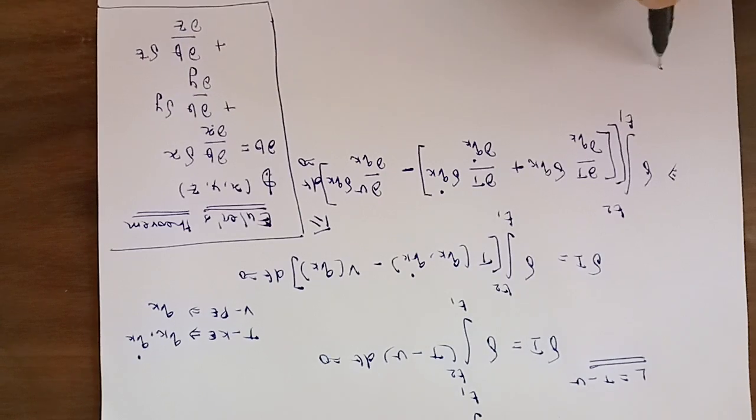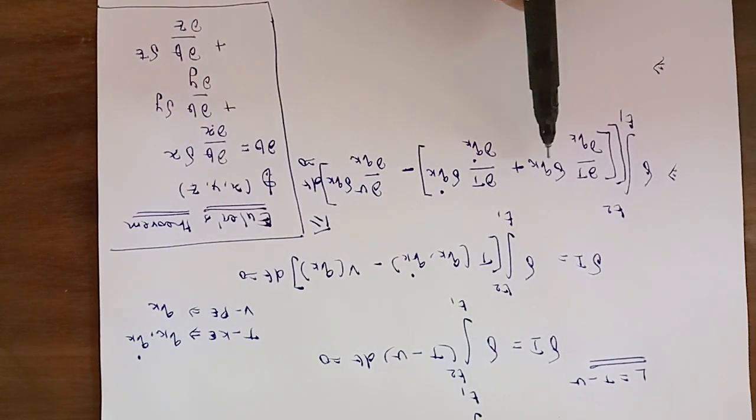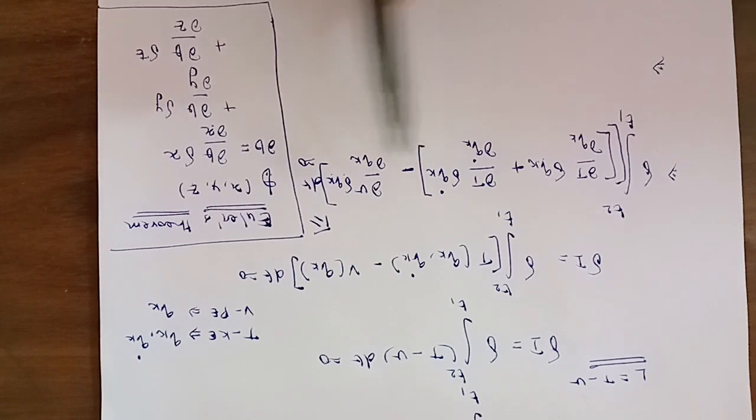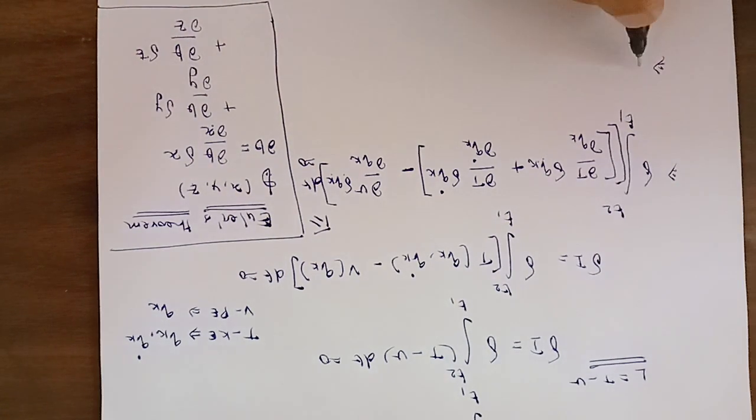Now, in the above equation, separate the qk quantity and the qk dot quantity separately.